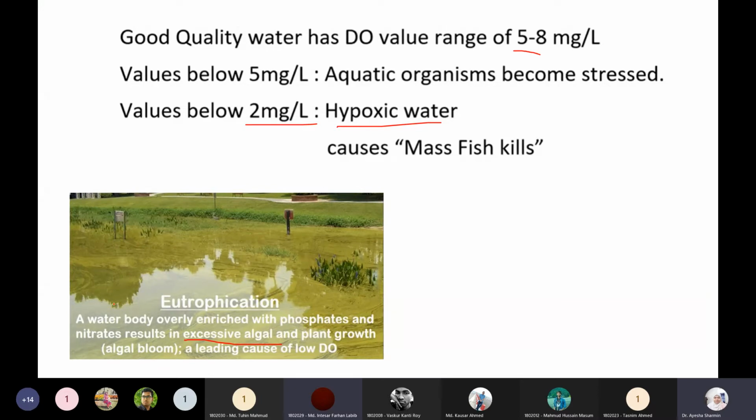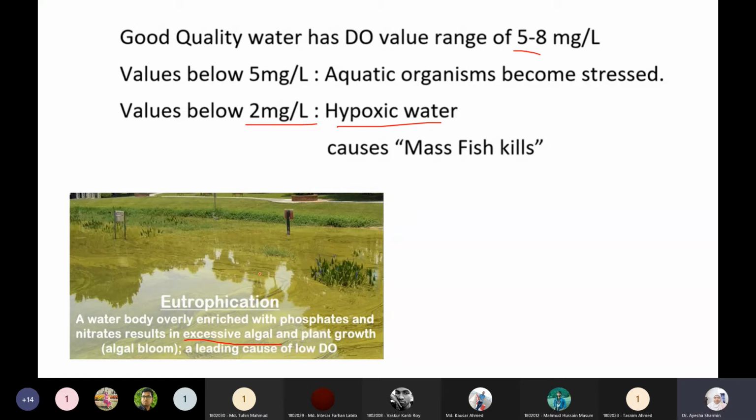So when it happens like this, that means you are having so many nutrients, phosphates and nitrates, that you have a lot of plants and a lot of algae, that's plankton, blooming and growing. They have their nutrients. Some of them are aerobic, and cyanobacteria are anaerobic. They are actually photosynthetic bacteria.